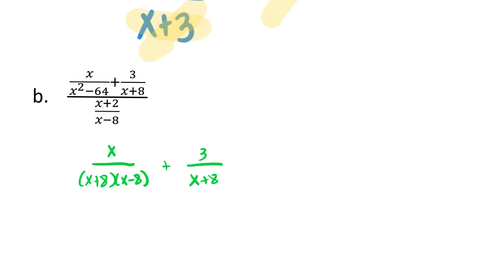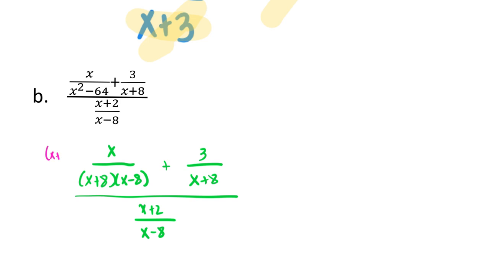That does not factor. And then we have x plus 2 over x minus 8. Okay, we're going to find the LCD, which is x plus 8 times x minus 8.